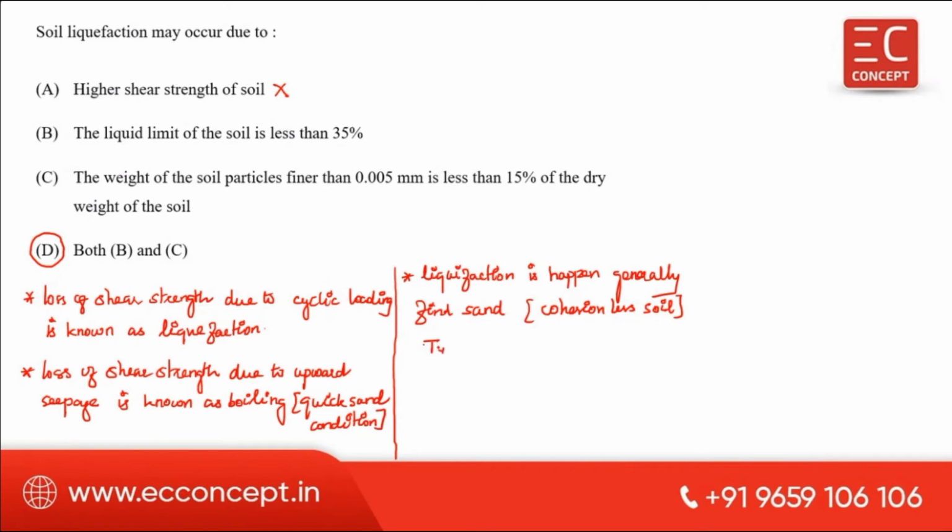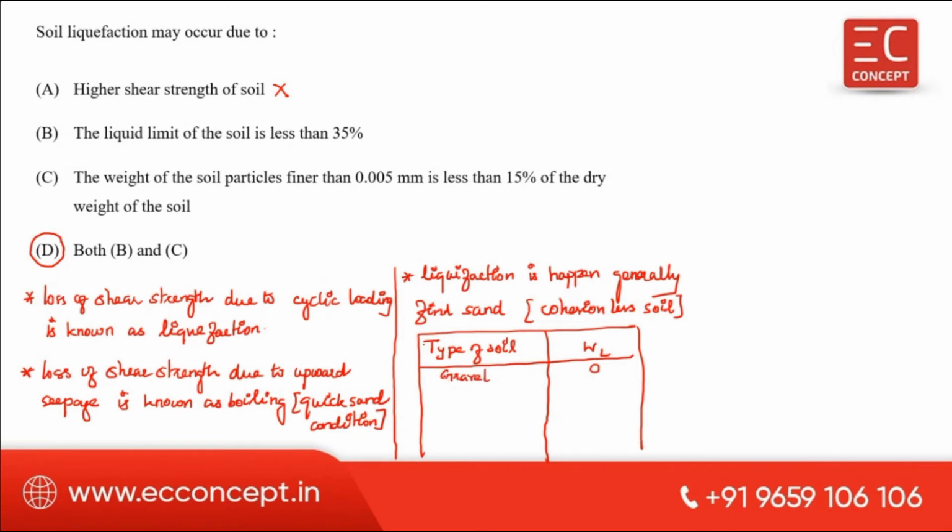So for example, type of soil and the liquid limit. Okay, type of soil and the liquid limit. That is, first one is a gravel. For a gravel, what is the liquid limit? 0.